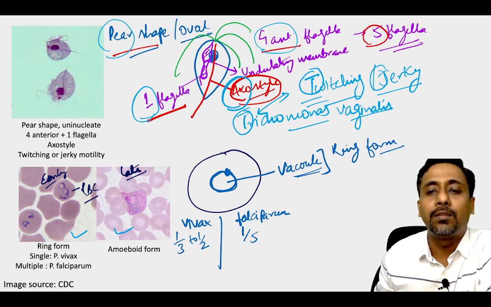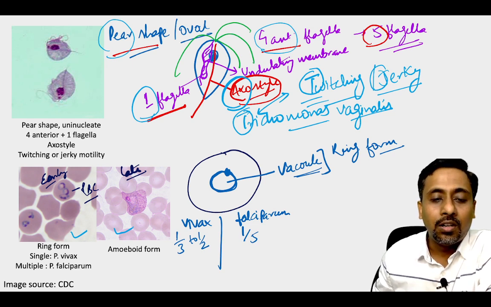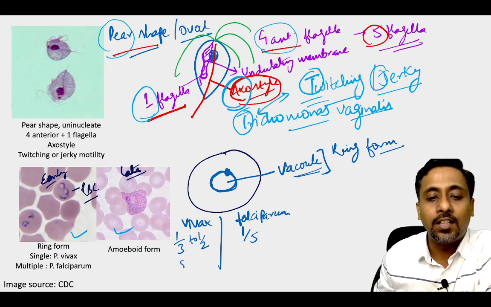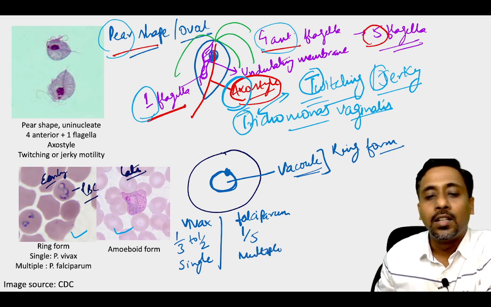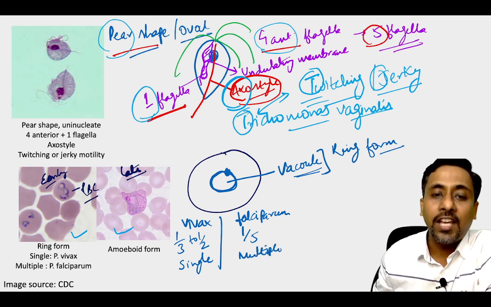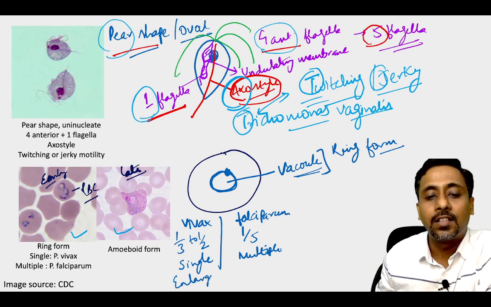So that means the ring form is smaller in Plasmodium falciparum. Also, the number of rings in Vivax is usually single, whereas in Falciparum it is mostly multiple. Thus, the infected RBC is usually enlarged in Vivax, whereas in Falciparum the infected RBC is usually normal in size.